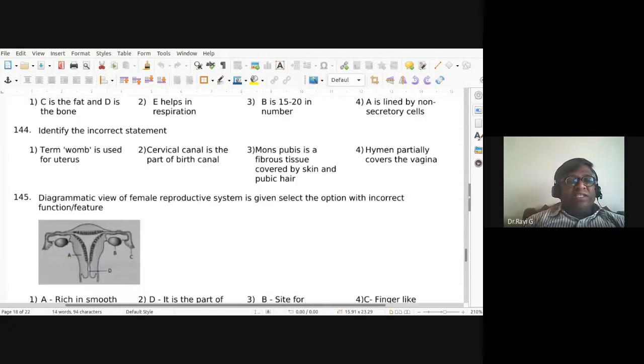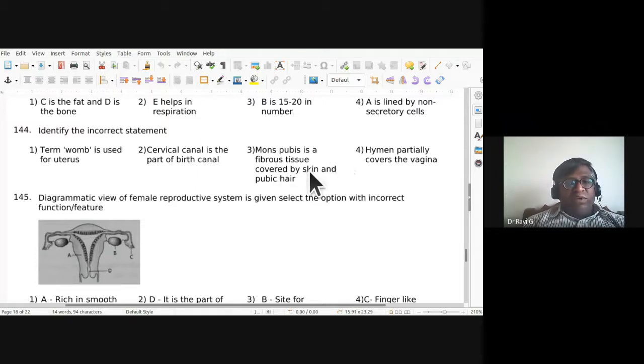Identify the incorrect statement. Term womb is used for uterus. Yes, it is correct. Cervical canal is a part of birth canal. That is also right. Mons pubis is a fibrous tissue covered by skin and pubic hair. So in the 144th question, C is the wrong answer.